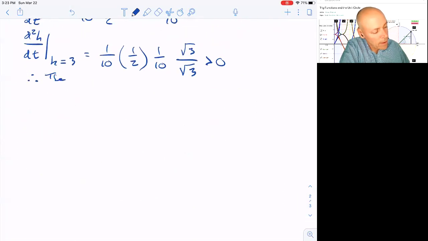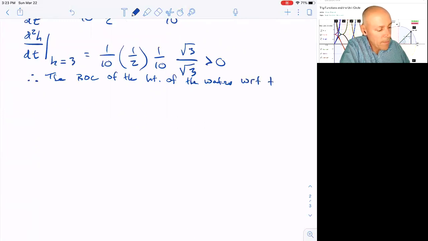So the rate of change of the height of the water with respect to time is increasing when h equals 3.